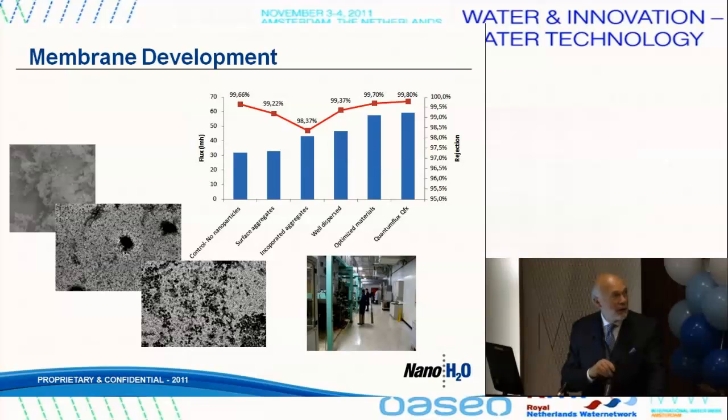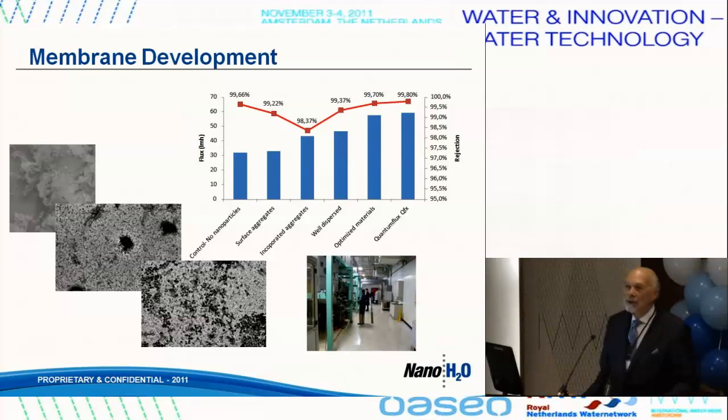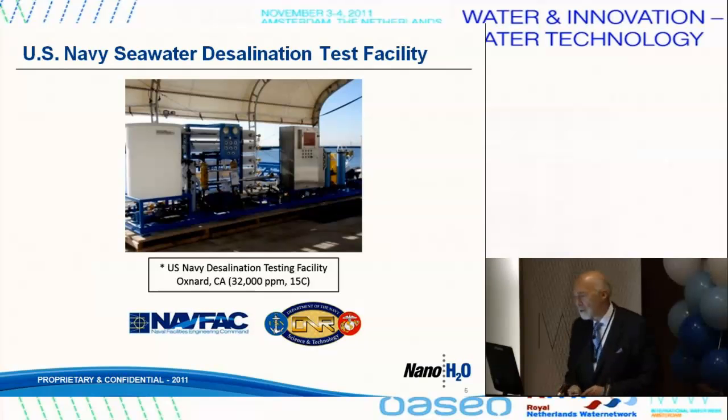And then finally, today, with a commercial fabrication facility that we have in Los Angeles in the United States, we are able to make a membrane which is really more than competitive with the other membranes that are out there.